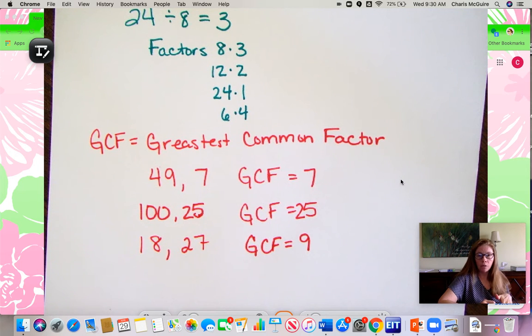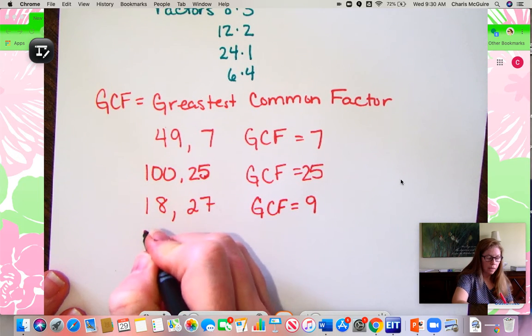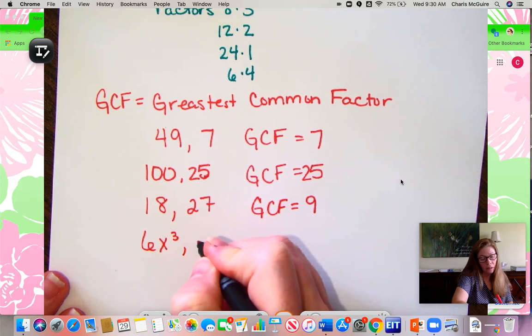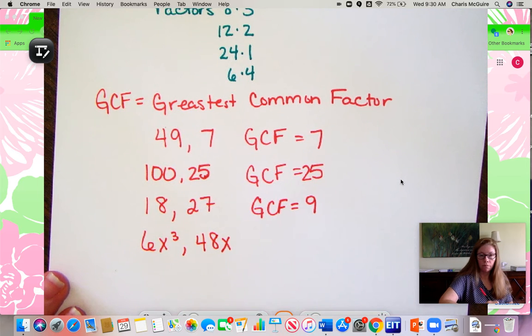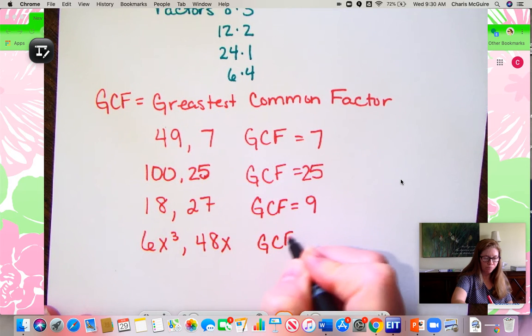Now, when you hit algebra, they put some variables in there. So maybe I change this a little bit and I say 6x to the third and 48x. All right, so now I have a variable in there. So the 6 and the 48, what do they have in common?